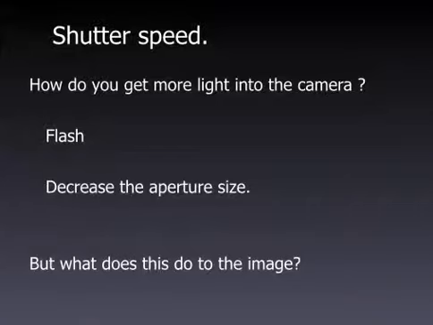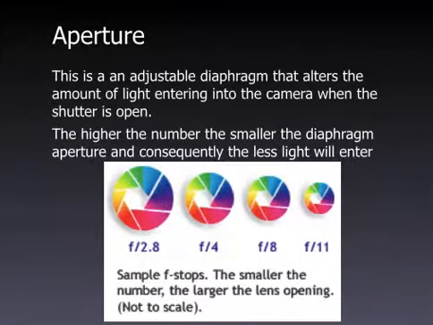So just to recap, aperture is the f stop, a small f number, f2.8, has a much bigger hole to let more light in than f11. However, f11 will have a greater depth of field.